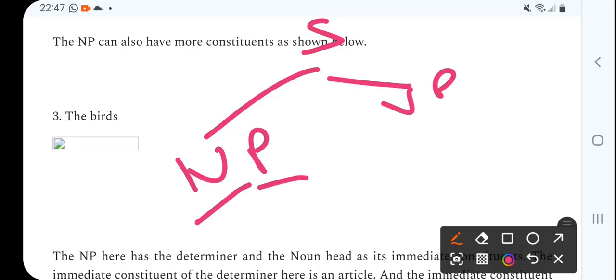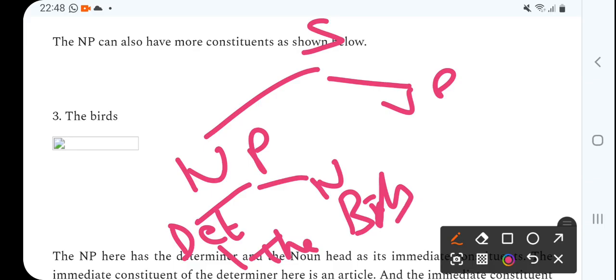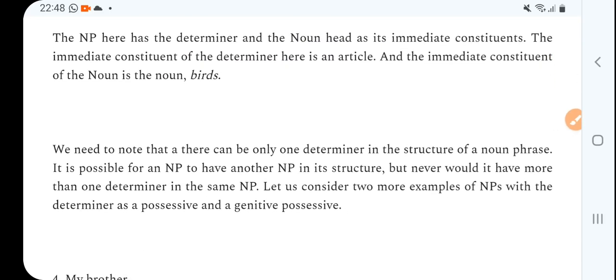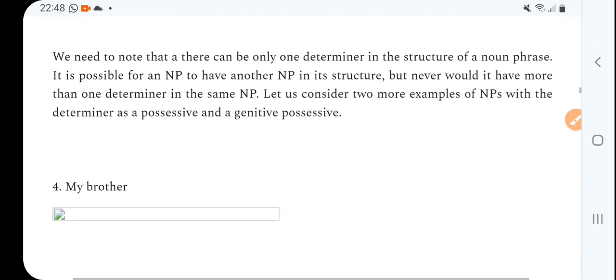The noun phrase is divided into determiner, "the", and noun, "birds", and the verb phrase has the verb "flies". This way. Now the noun phrase here has the determiner and the noun head as its immediate constituents. The immediate constituent of the determiner here is an article, which I have already explained, and the immediate constituent of the noun is the noun "birds". That is already explained.